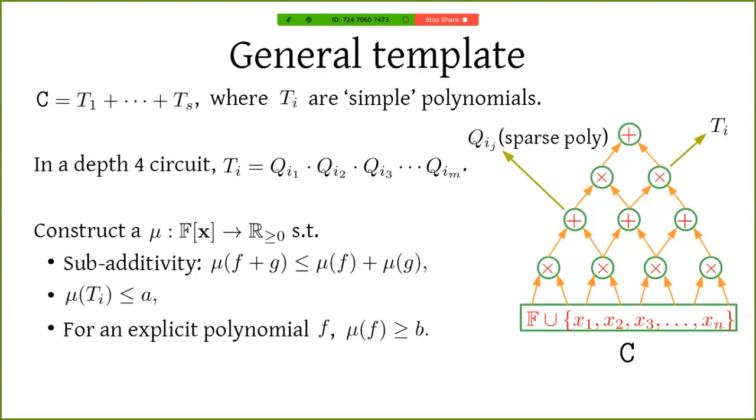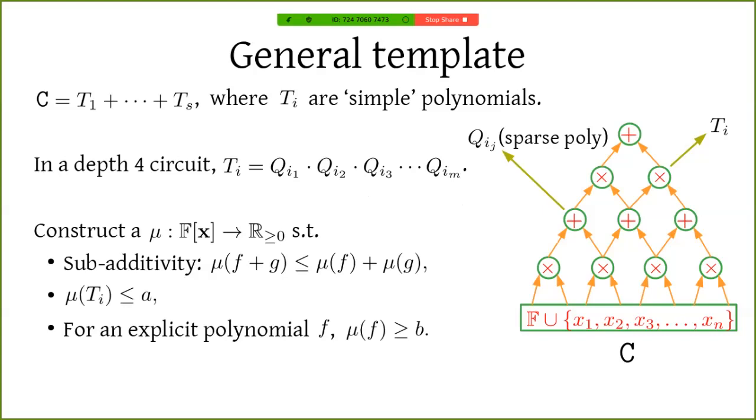Mu is such that mu of Ti is less than or equal to a for some small quantity a, and there exists an explicit polynomial f such that mu f is greater than or equal to b for some large quantity b. For the rest of this talk, I'll refer to this explicit polynomial f as a hard polynomial.